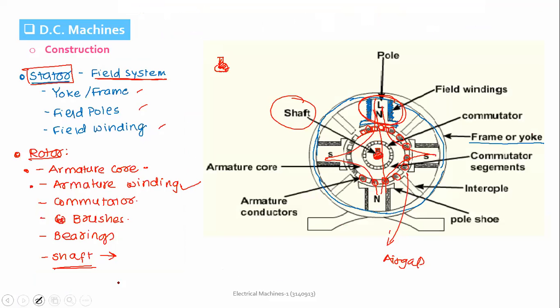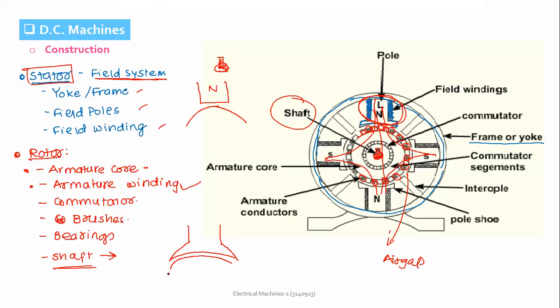One minute. Okay, so suppose this is a rotor, and I am taking two types of construction. One without pole shoe, normal pole face, and the second one with the pole shoe, like this.